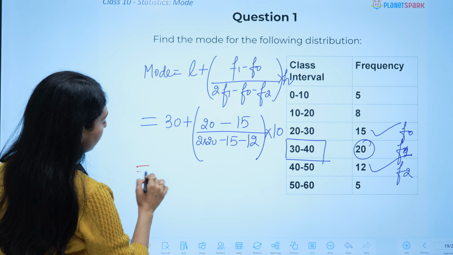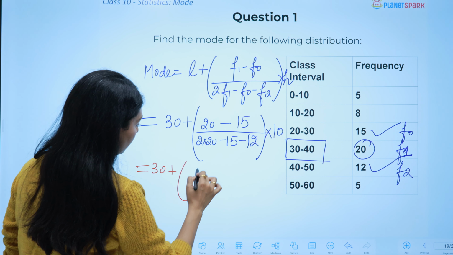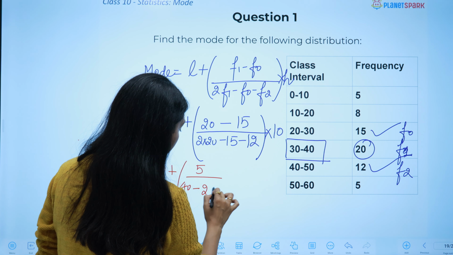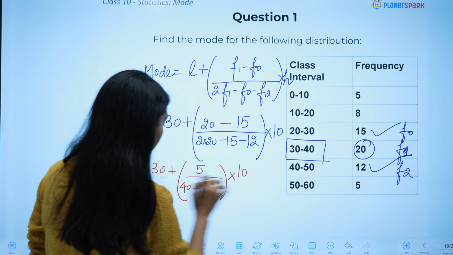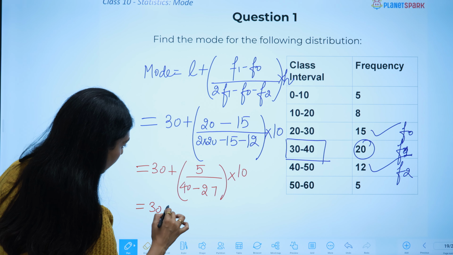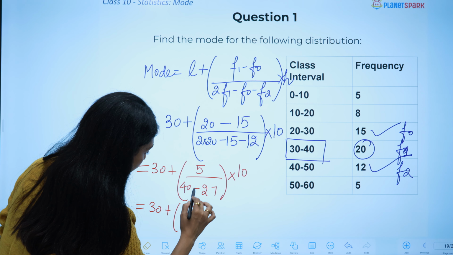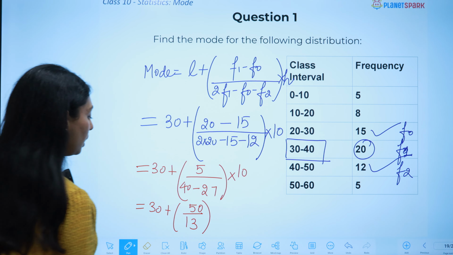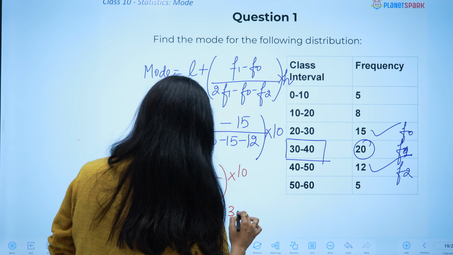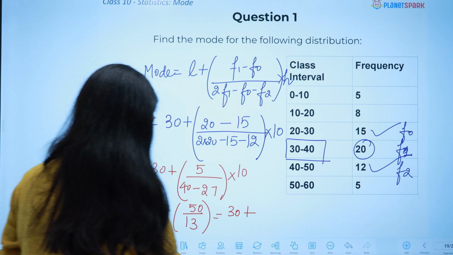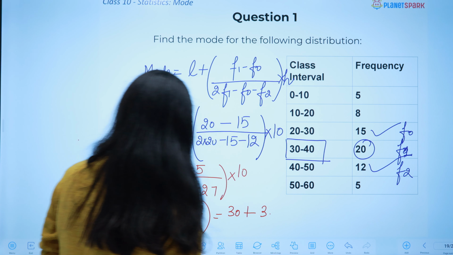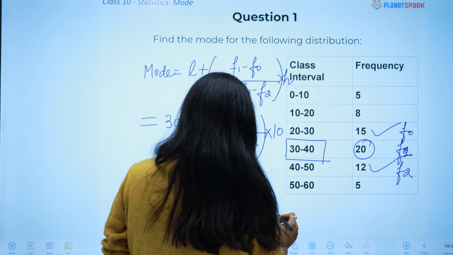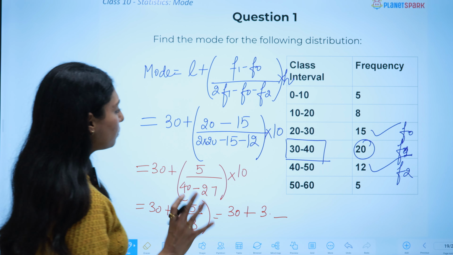So let's get started. 30 plus 5 upon 40 minus 27 into 10. Okay, so this becomes 30 plus 50 upon 13. 13 point something will be the value, so 33 point something will come, right?